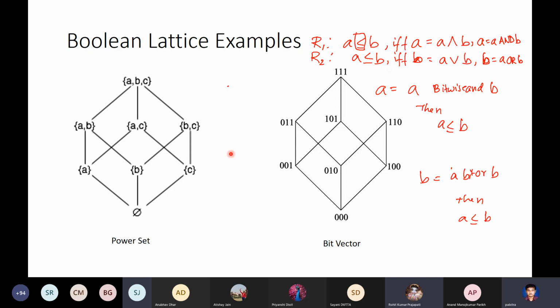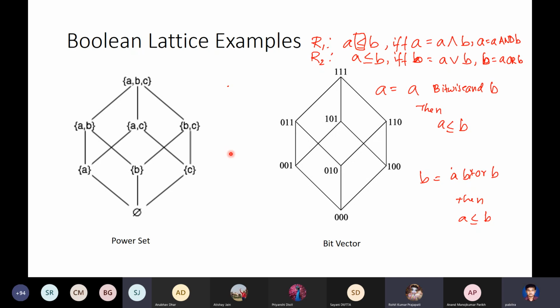So formally you can say that AB is a join of A and B, and it is not equal to either A or B. It is a join of A and B, but it's a different element.